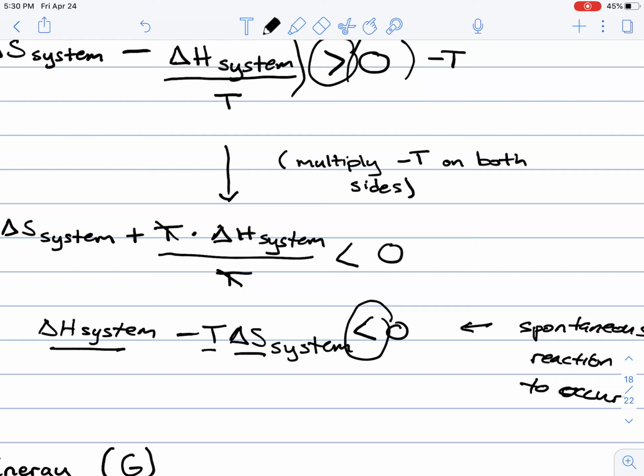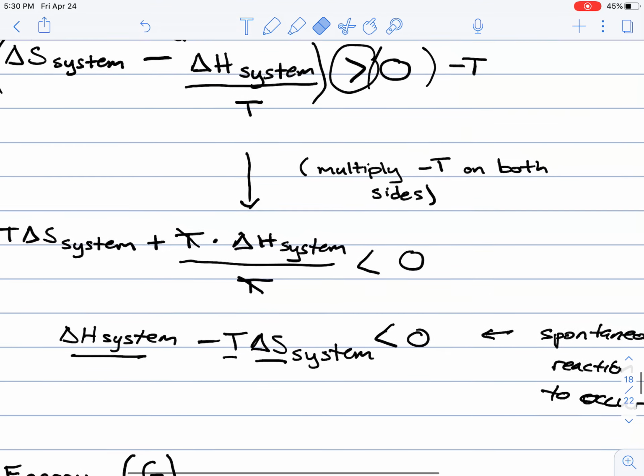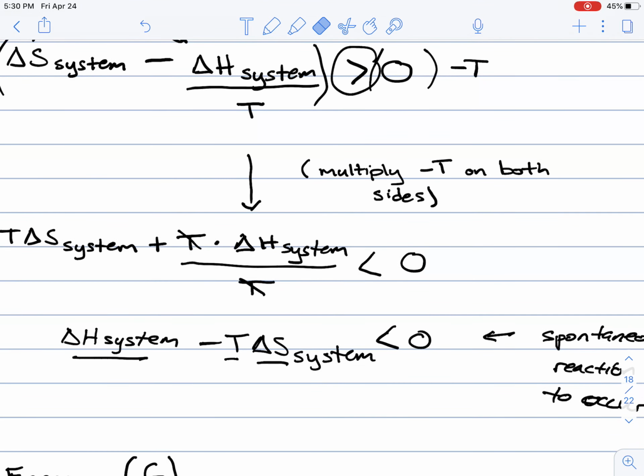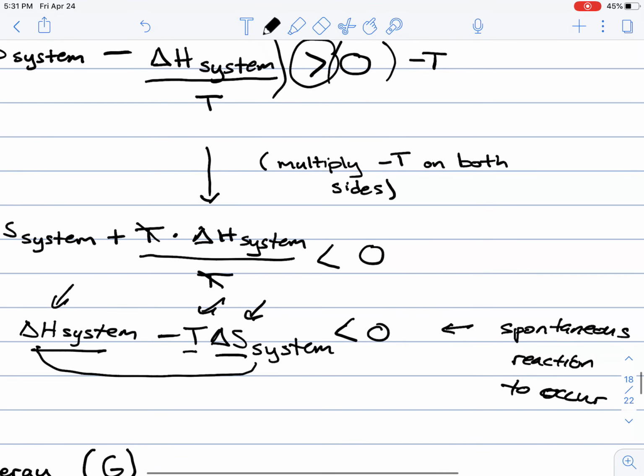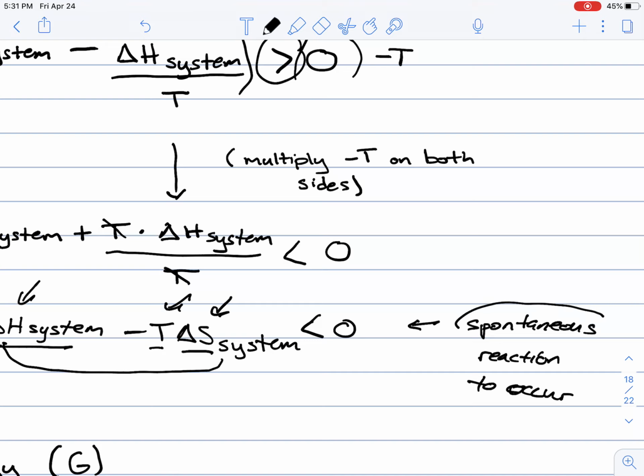So this second law of thermodynamics is really powerful because it's giving us a relationship between enthalpy, temperature, and entropy. And all of these state functions put together, if they're less than 0, then we will be able to determine why reactions are spontaneous or non-spontaneous in the forward or reverse direction. And we'll be able to predict it as well.